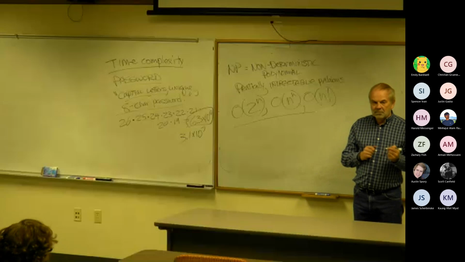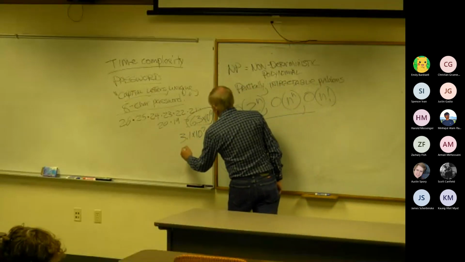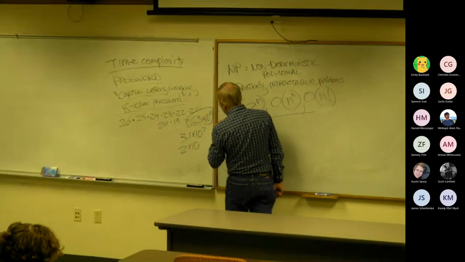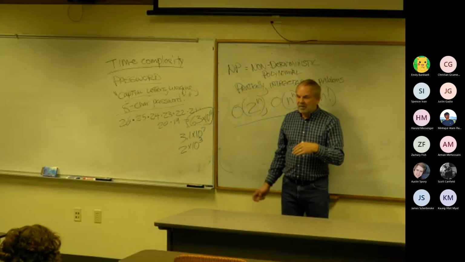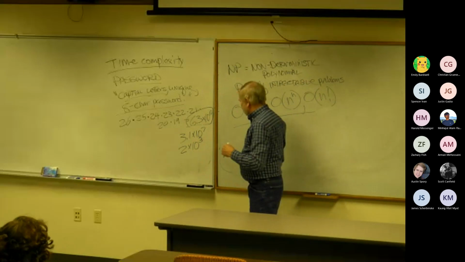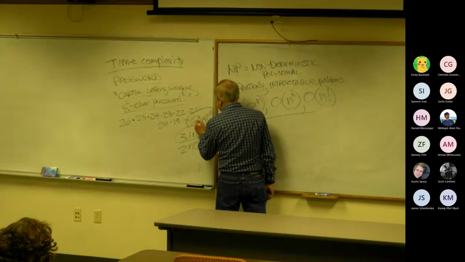2 years. We'll call that a 2 times 10 to the 3rd, right? So I said 1,000. So that's how many. So this is how many seconds you have. So this is how many operations.